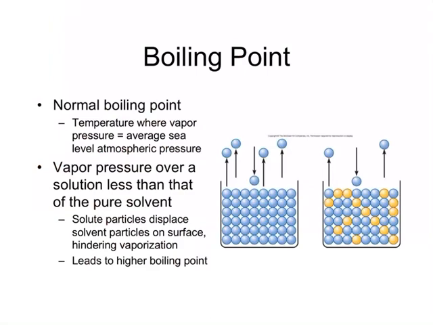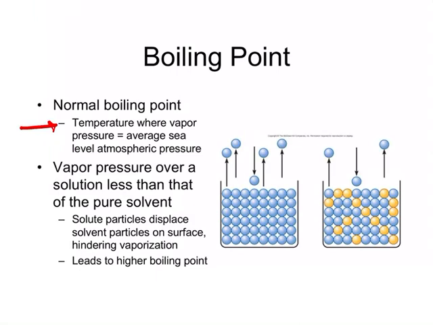Boiling point, we've already talked a little bit about boiling point in the past. Normal boiling point is around 212 degrees Fahrenheit or 100 degrees Celsius. This is the definition here. This chapter is a lot of definitions, so some of you will probably like that.